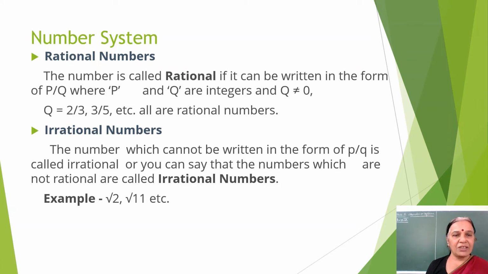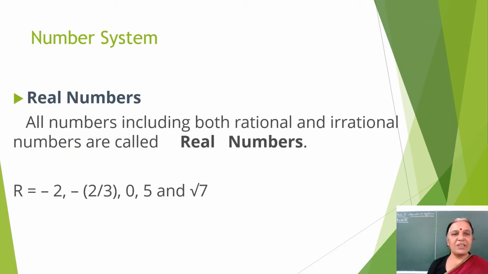Then the irrational number. The number which cannot be written in the form of p by q is called irrational, or you can say the numbers which are not rational are called irrational numbers. Examples: square root of 2, square root of 11, value of pi, etc. Real numbers.